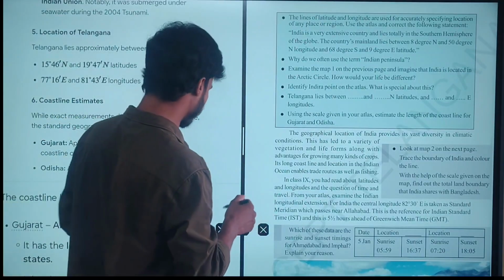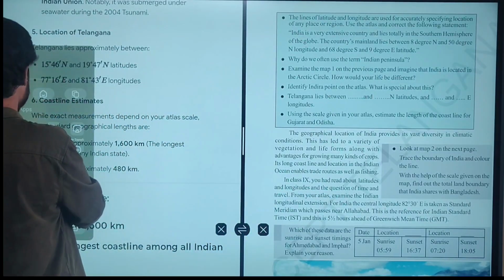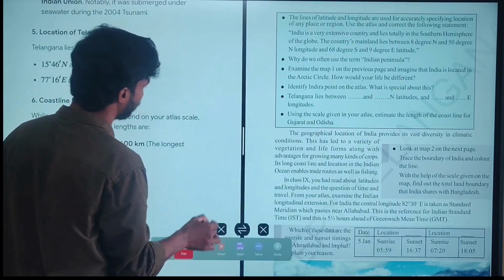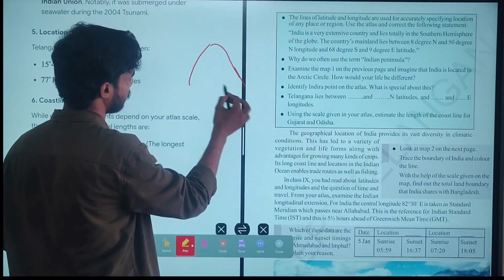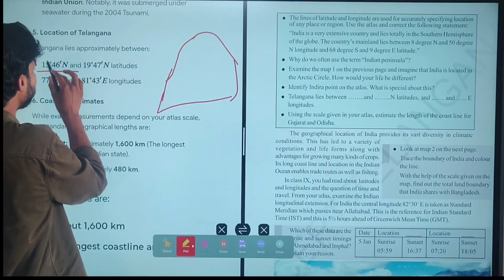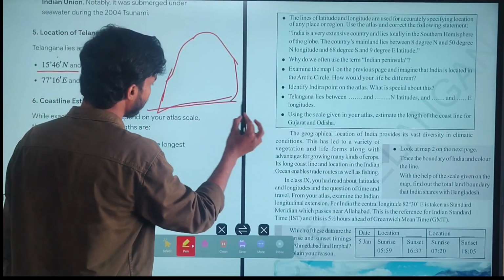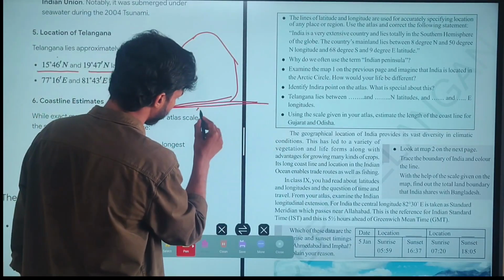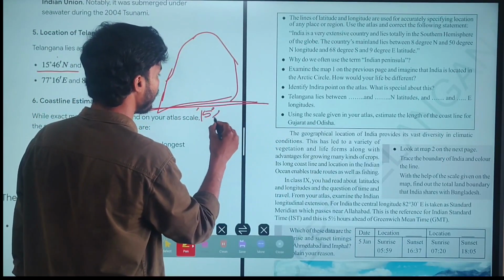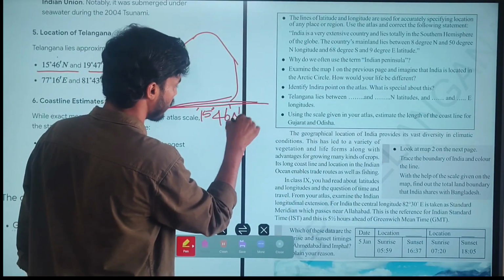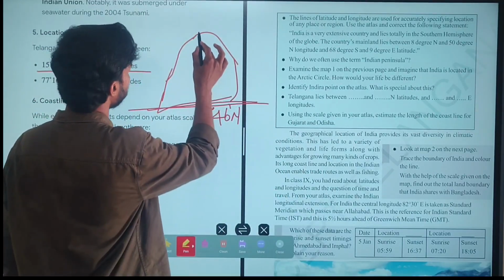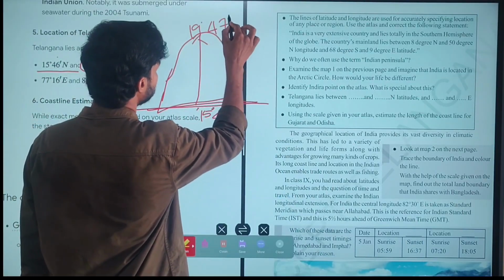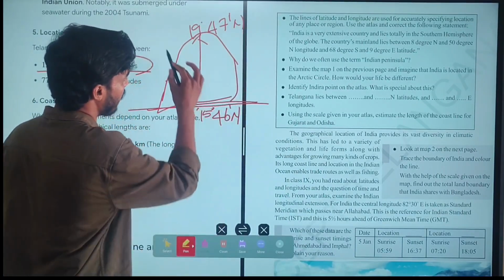Imagine Telangana; I am drawing a rough diagram. Telangana looks like a triangular shape, right? It is 15 degrees 46 minutes north latitude and extends till 19 degrees 47 minutes north latitude.